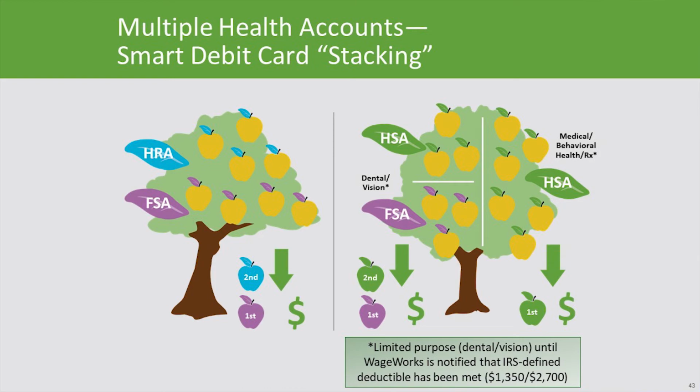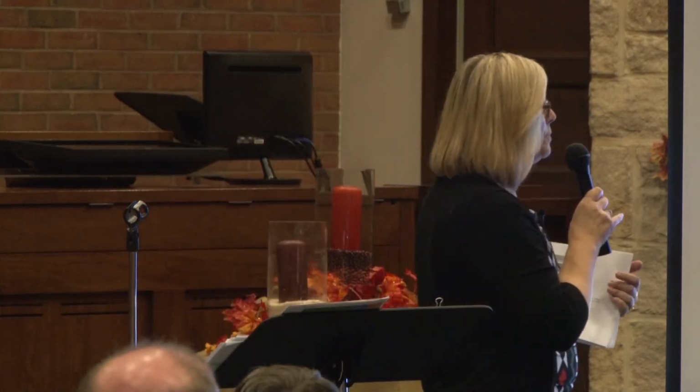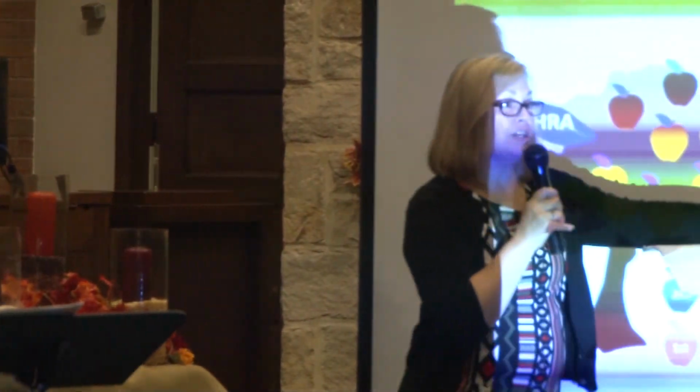Now you may think, well, I don't understand, that doesn't make sense. Why is that a problem? Well, the reason you may not want to have both, what if you don't have dental and vision expenses of $1,350? What will happen is, if you have medical expenses, it will take from the HSA first. And that's the one that you can keep rolling forward. Oops, I'm sorry.